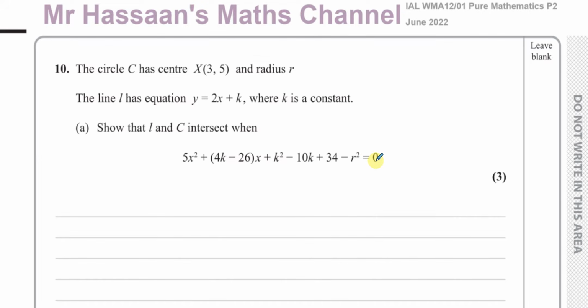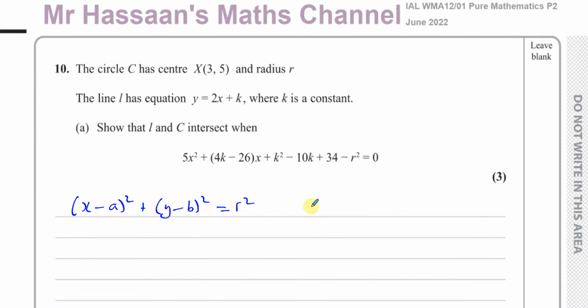Now, if the circle has a center (3, 5) and a radius r, we know the general equation for a circle is (x − a)² + (y − b)² = r². This is derived using Pythagoras' theorem, which we don't need to know the derivation of, but you must know how to form the equation of the circle given the center and the radius.